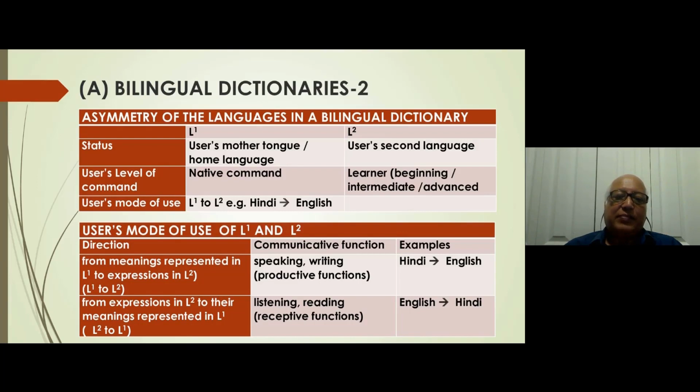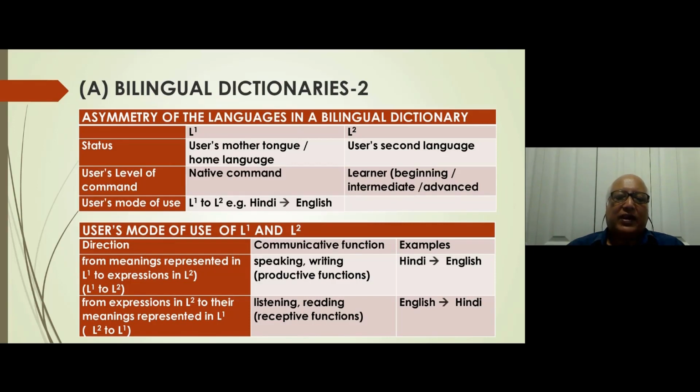As you can see, typically a bilingual dictionary has these two segments, L1 to L2, which is geared towards the speaker or the learner or user moving from the home language to the second language, and the other segment is for the learner moving from the second language to the home language.